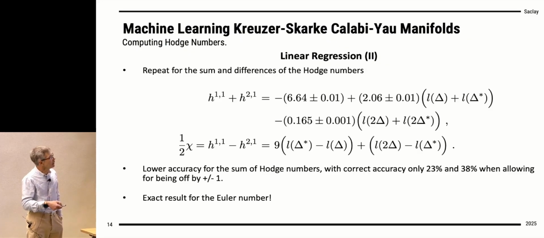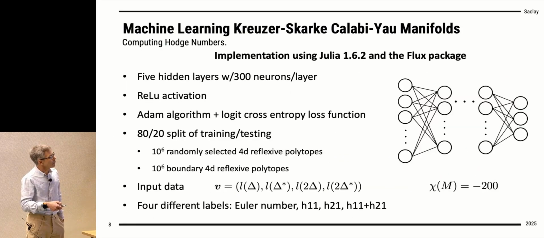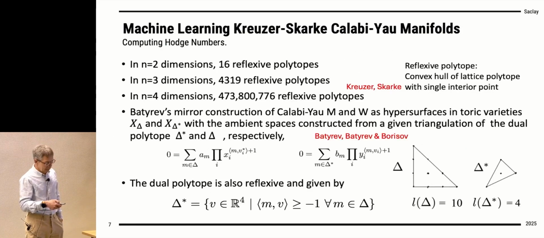Let me just go back to this. Given a polytope and its dual, this defines an ambient space. In fact, in general, there are several ways in which you can define the ambient space, and then the polynomial equation, the monomials are associated to the points here.